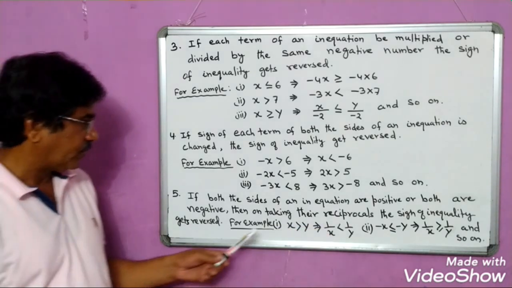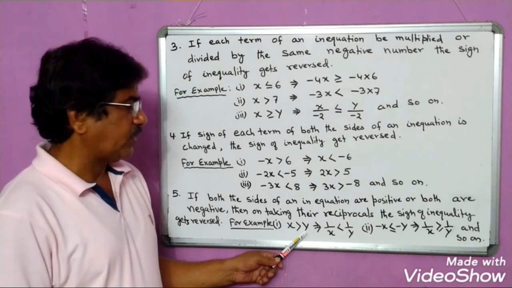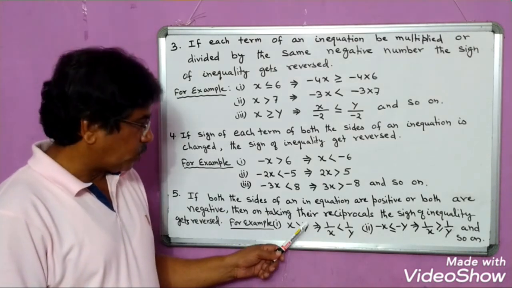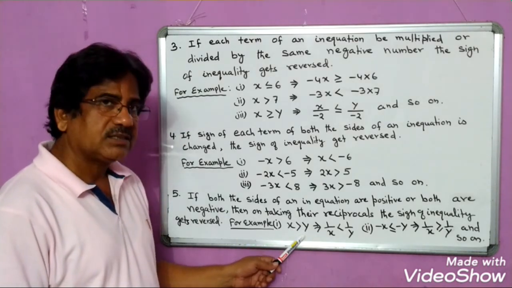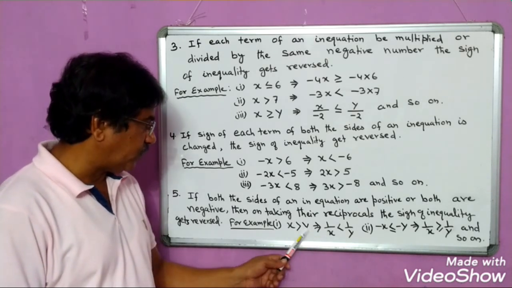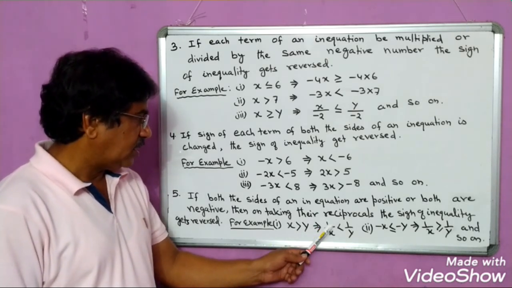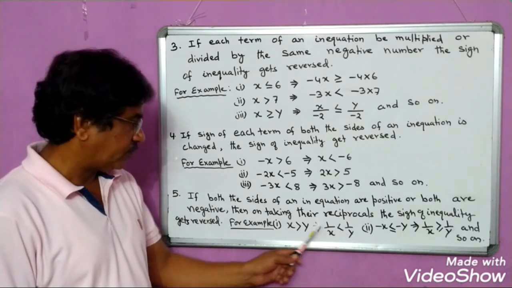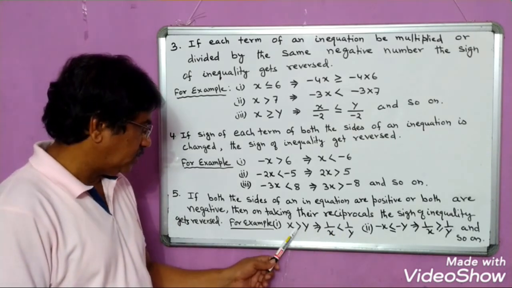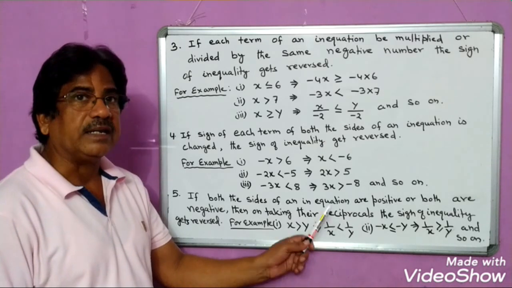For example, x is greater than y. So I am going to take the reciprocal of both the sides. So when I take the reciprocal of x and y, I will write 1 by x is less than 1 by y. Means by taking the reciprocal, the inequality sign will get reversed.